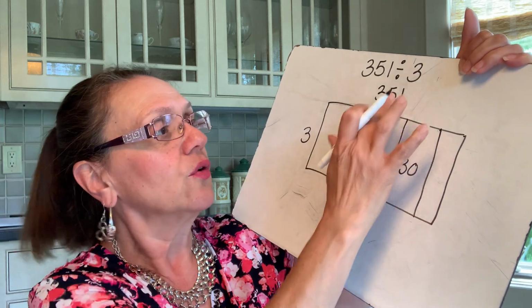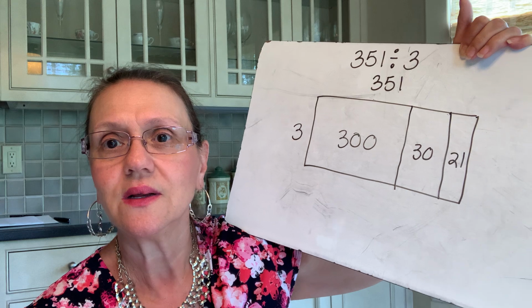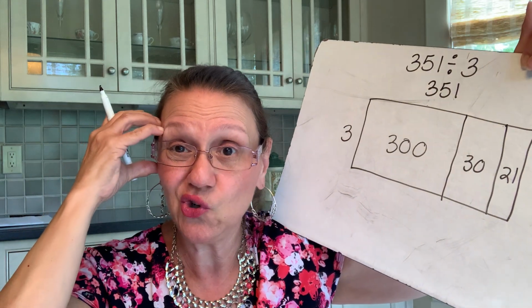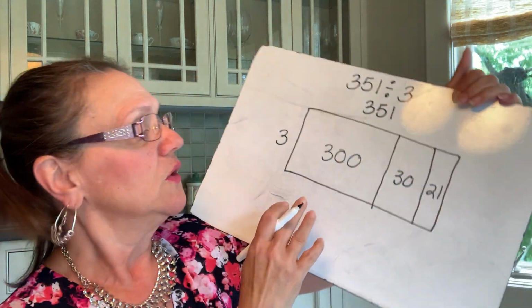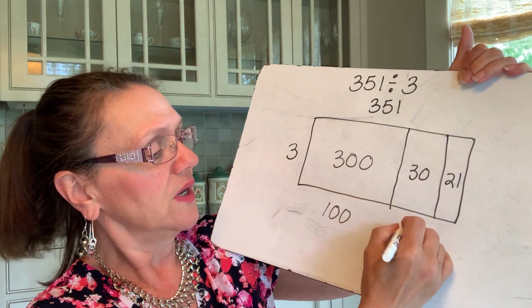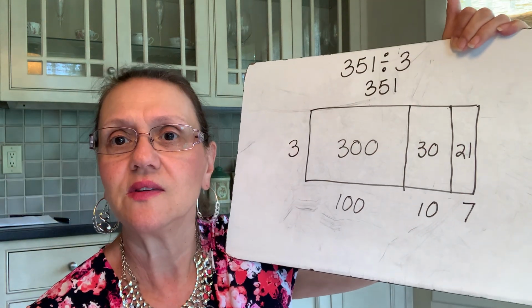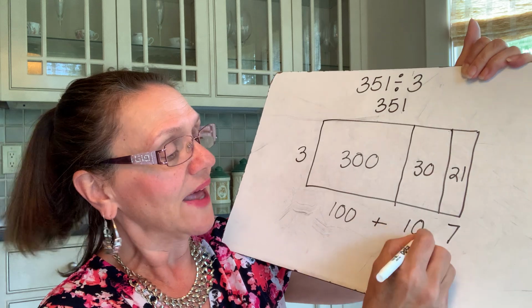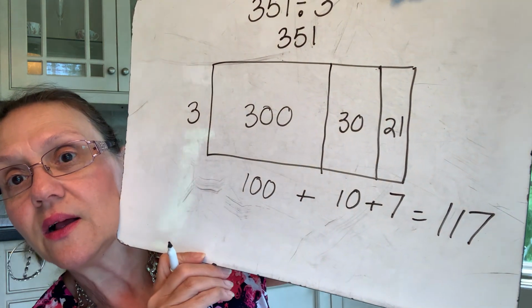And if I take the 30 off my 51, I have 21 left, and 3 goes into 21. I just did partial quotients with the box in my head. No, really. So 3 goes into 300 100 times, 3 goes into 30 10 times, and 3 goes into 21 7 times.